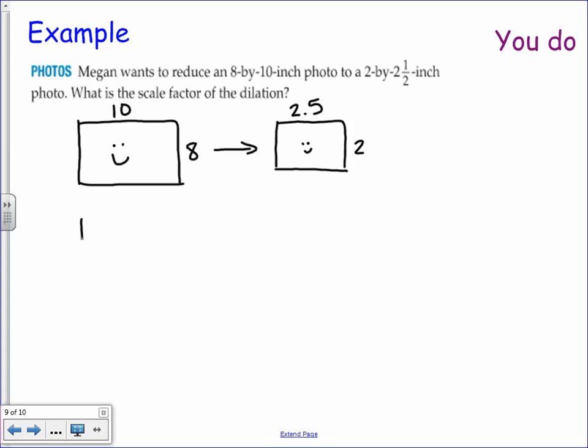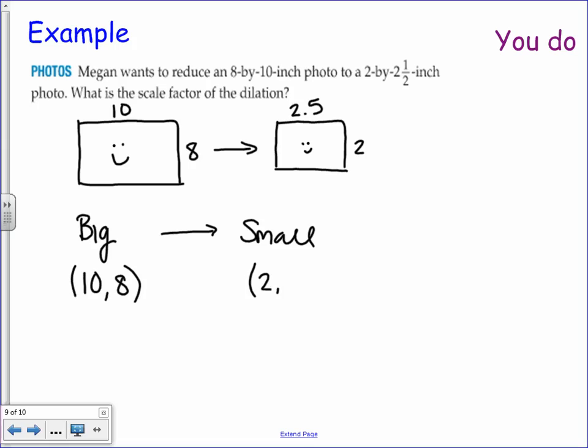So we'll start off with big to small. How do I get there? So my big goes from 10, 8, and my small is at 2.5, 2. Now, how did I get from 10 to 2.5? Or how did I get from 8 to 2?